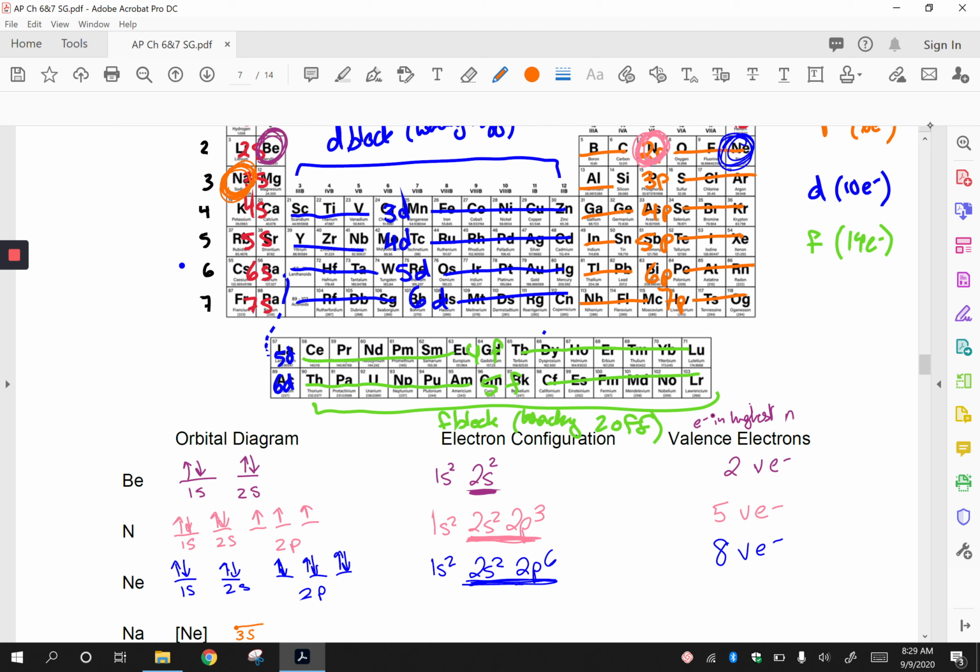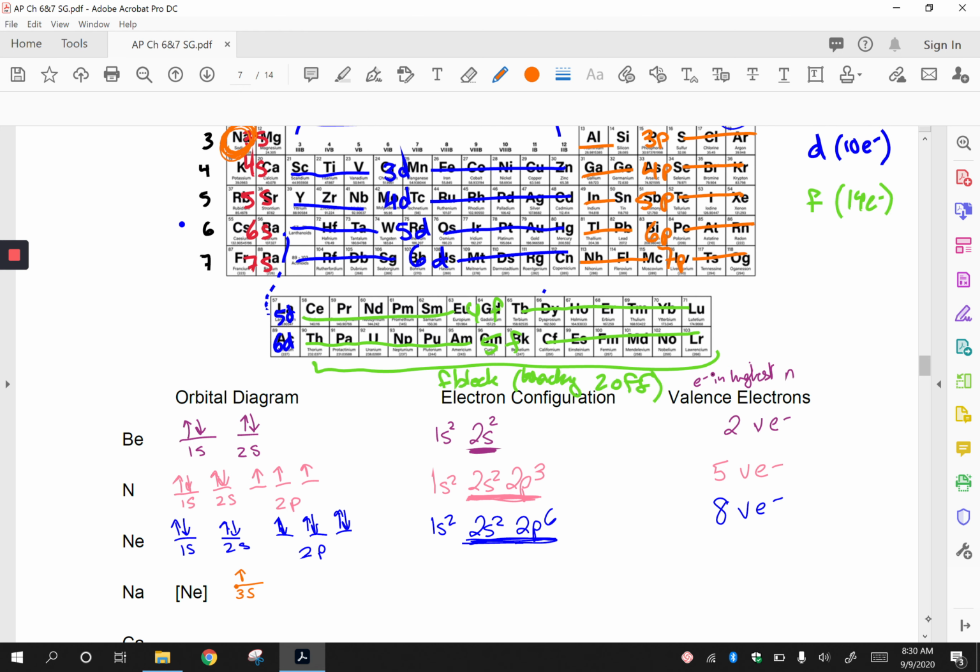You can do the noble gas shortcut with orbital diagrams or with electron configurations. So for the electron configuration for sodium, neon in brackets and then 3s1. The highest energy level here is the third energy level, and there's only 1 electron there, so it has 1 valence electron.